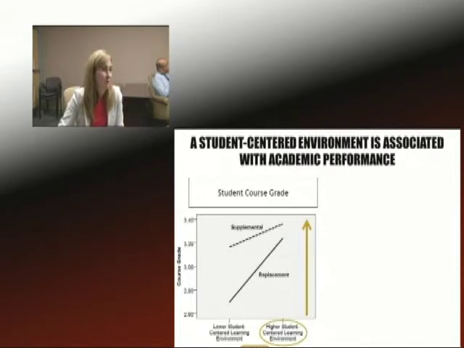What about doubt, which is also very instrumental? Think about standardized high-stakes testing. If the students go in with a lot of fear about their capabilities, they're not going to do well. What about student-centeredness and doubt? Well, same sort of idea. At the end of the semester, in a student-centered environment, doubt significantly decreased, much more so in the replacement model.